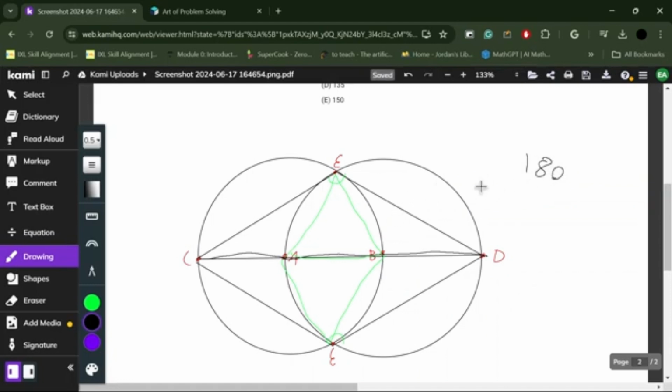Now, since there's 3 angles in a triangle, and this is an equilateral triangle where all the angles are equal, we can actually just divide it by 3. This gives us 60 for each angle, right? So this is 60, this is 60, and this is 60.